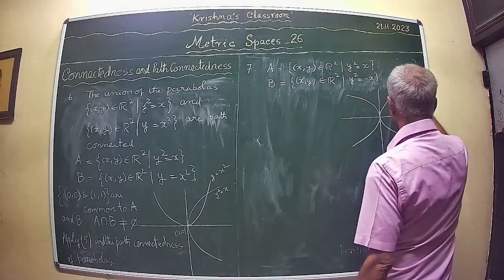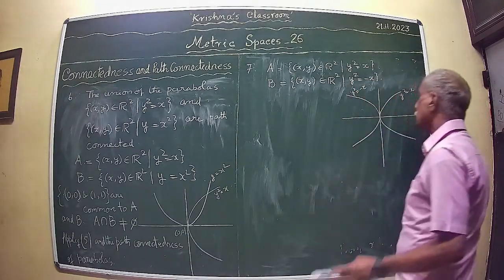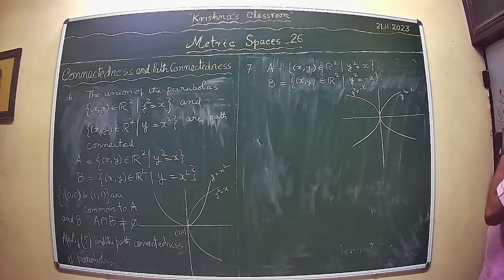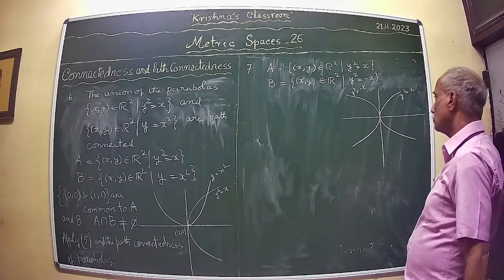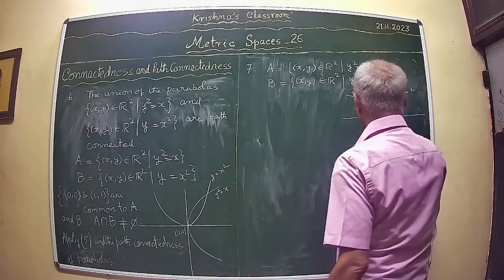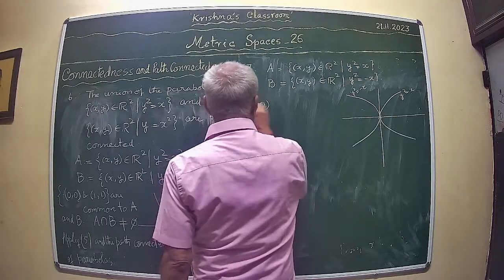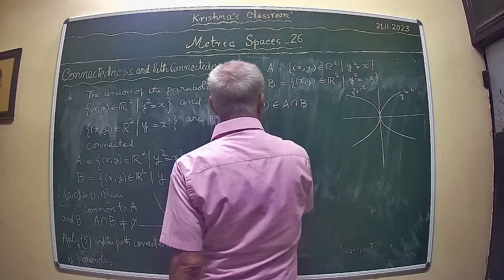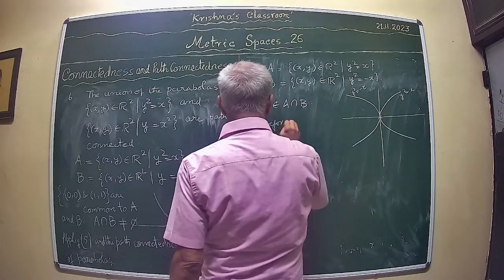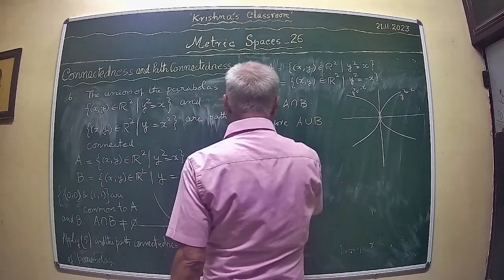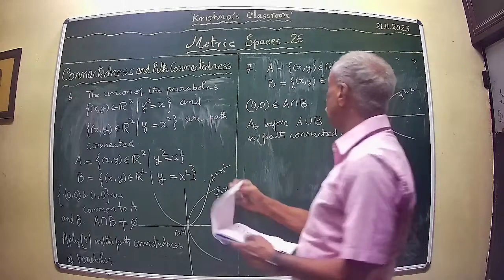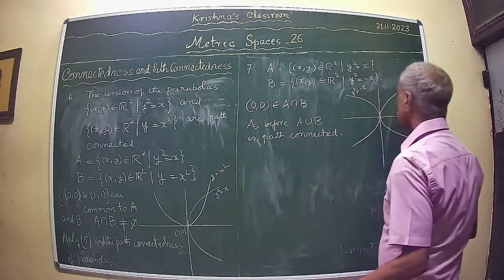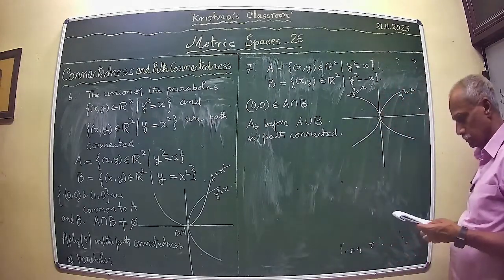This is y square equal to x. So you have the common point 0, 0. Now, as before, it is not connected.